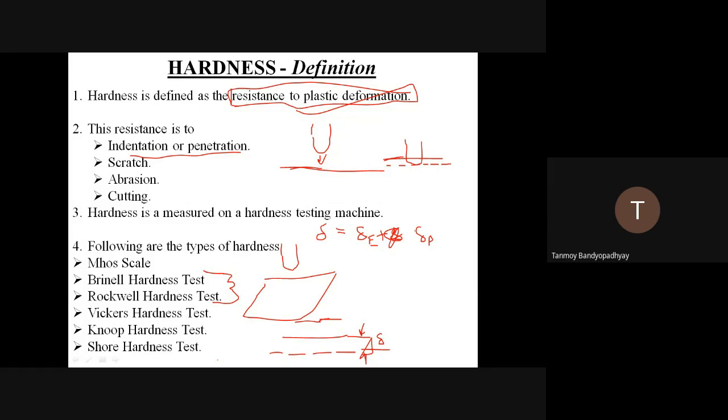Whenever I measure hardness, I am only measuring the delta P part. The delta E part has nothing to do with the hardness of the specimen. It recovers by itself if you keep the load for a certain dwell time, or when you remove the load or the indenter.